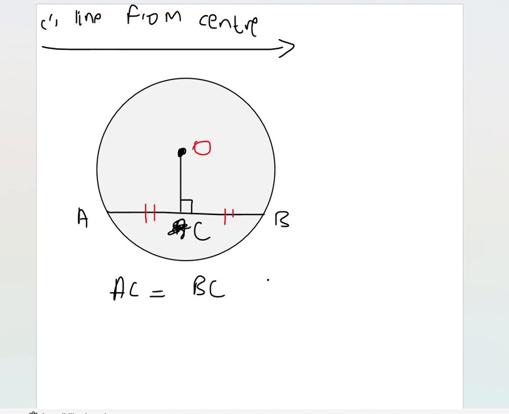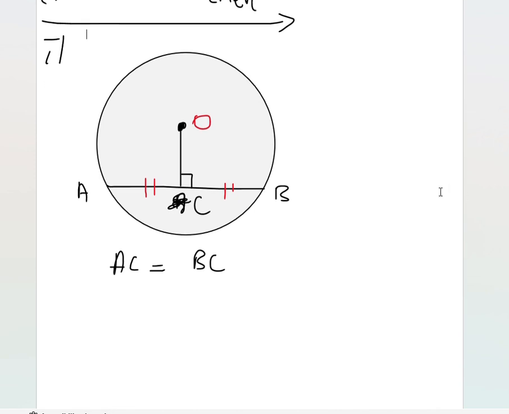The reverse is also true. The converse says that if OC is from the center and it bisects AB, then this line is perpendicular to line AB. So this is theorem 1.